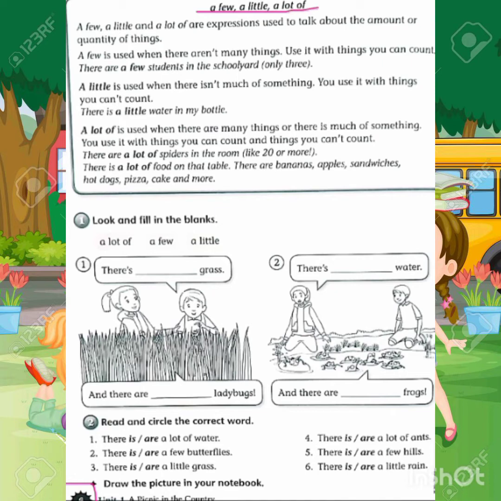The first thing we are going to do is to read the explanation, okay? And you are going to read with me. So I'm going to start and you are going to repeat after me at home. It's important you repeat this explanation of how and when we use these quantifiers.